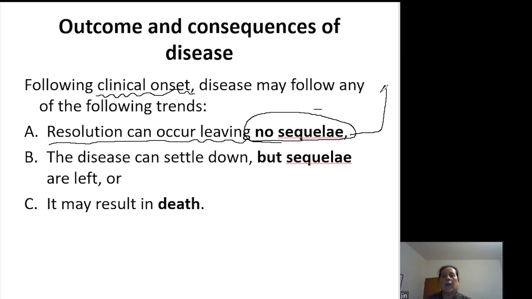Generally, we can think of that as totally recovered. And some people may get a kind of recovery, but possibly leave some symptoms or signs behind.